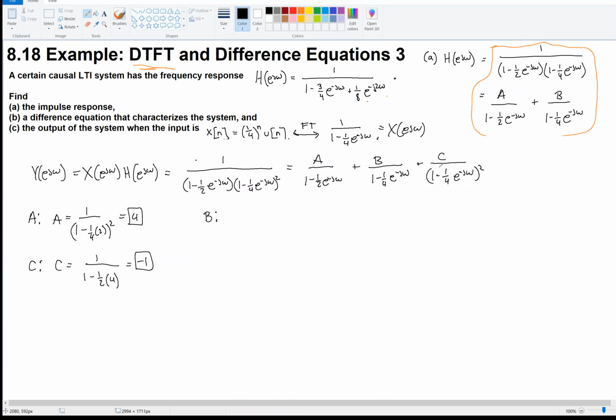But still, C is divided by this thing. So when I let e to the minus j omega be 4, then I'm dividing by 0, and that's not going to work because of the repeated root. That is just not going to work.